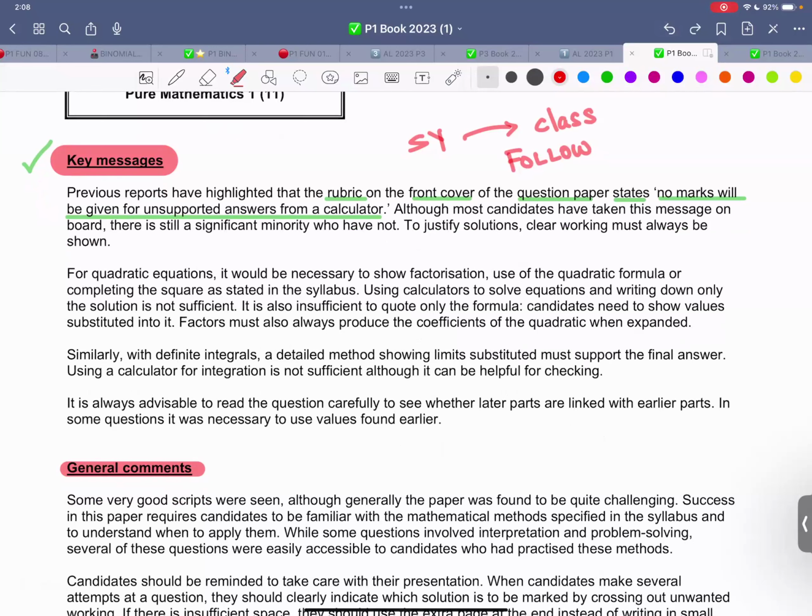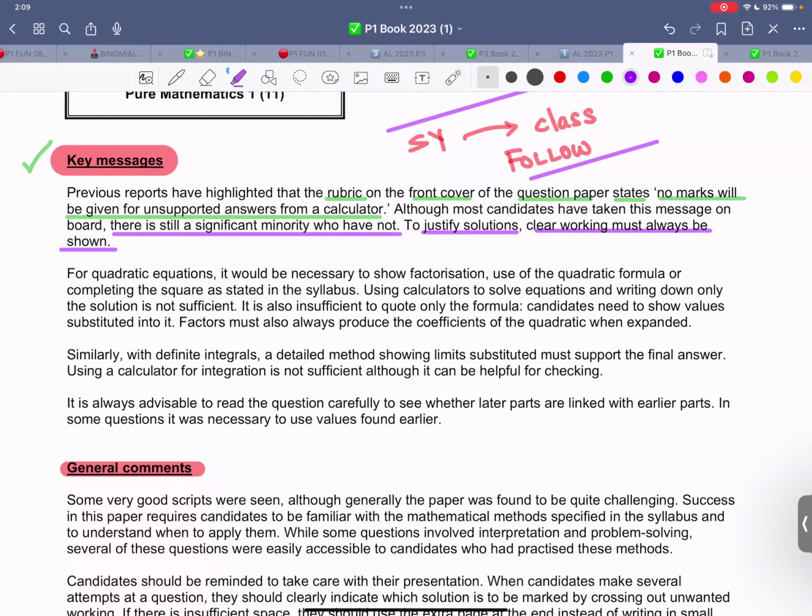Now it says further that although most candidates have taken this message on board, there is still a significant minority who have not. To justify solutions, clear working must always be shown. This is the basic thing. This is the starting point. No compromise on this.